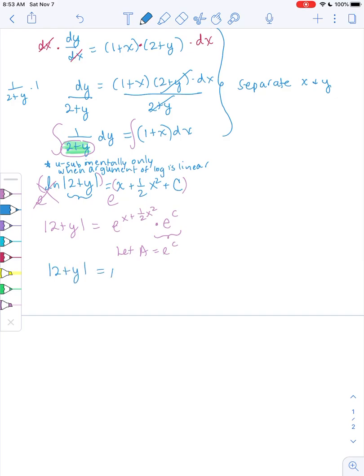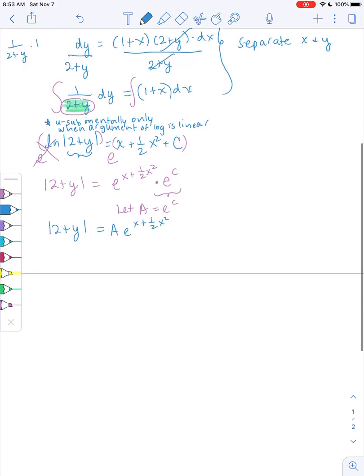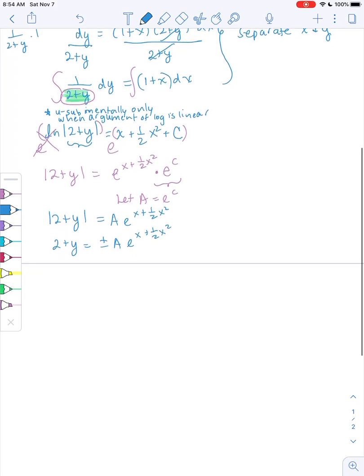So now our equation is absolute value of 2 plus y equals a times e to the x plus 1/2 x squared. And so how do we solve for y? The absolute value of 2 plus y is equal to that. What the absolute value represents is plus or minus. So we're going to drop the absolute value, and our solution is going to be plus or minus a e to the x plus 1/2 x squared.